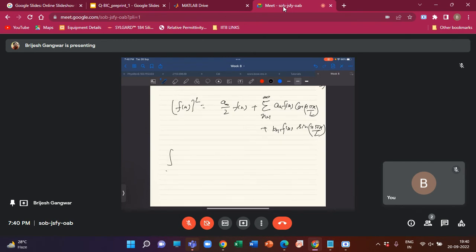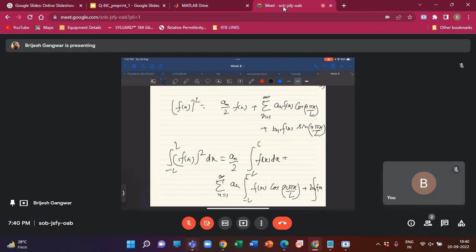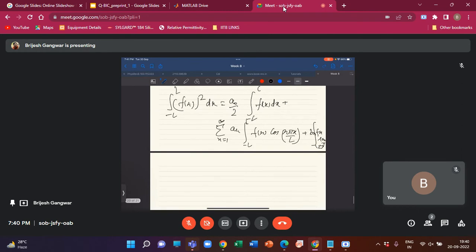So we integrate from minus L to L, mod f(x) square dx, which is equal to a0 by 2 integral from minus L to L of f(x) dx, plus summation n equal to 1 to infinity of an integral from minus L to L of f(x) cos n pi x by L, plus bn integral of f(x) sin n pi x by L. So what will be the value of this one?